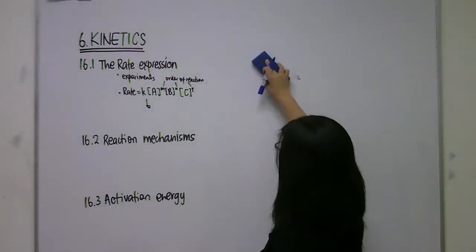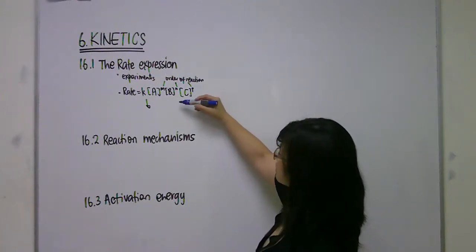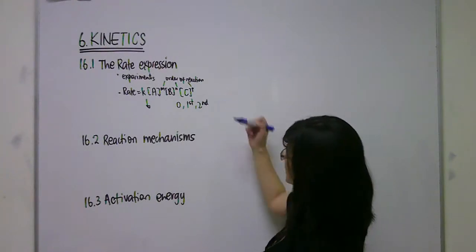Mainly in IB chemistry, you only need to explain about 0 order, first order, and second order.